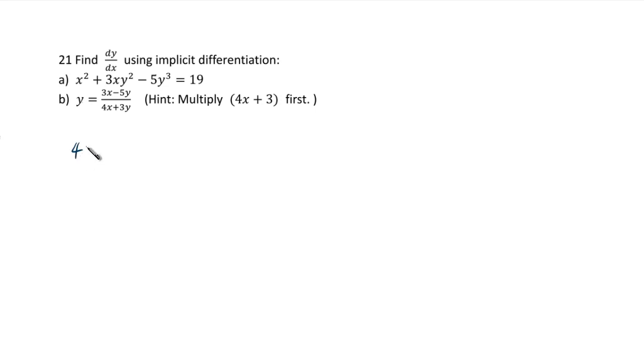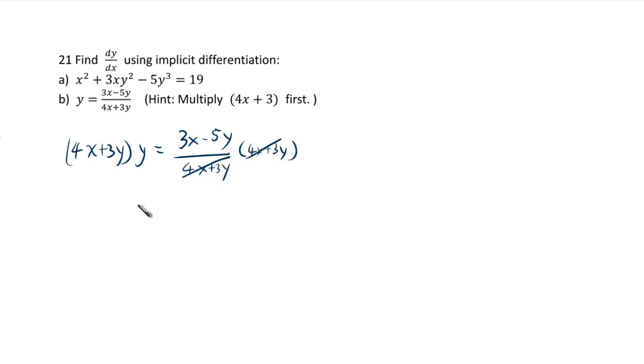So what I'm going to do is multiply 4x plus 3y both sides, so that the denominator gets cancelled, and now you have something simple to work with.